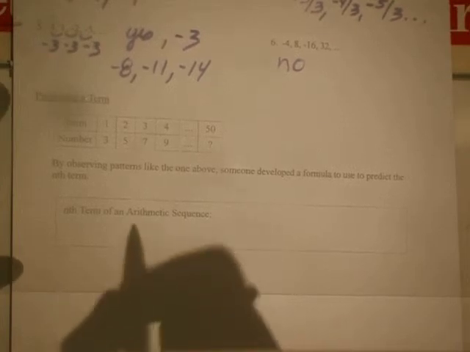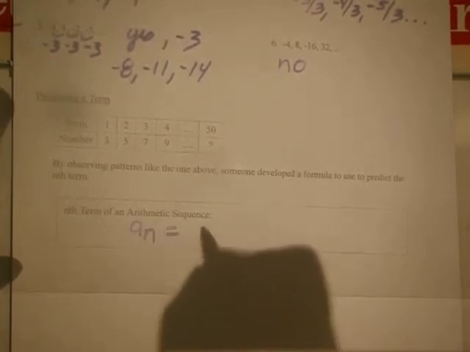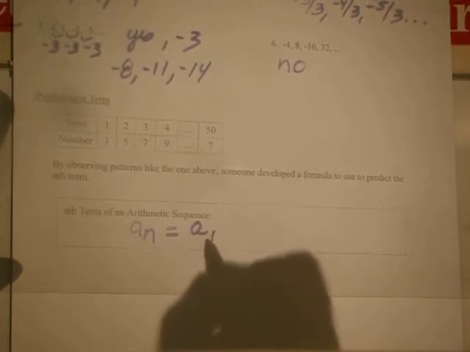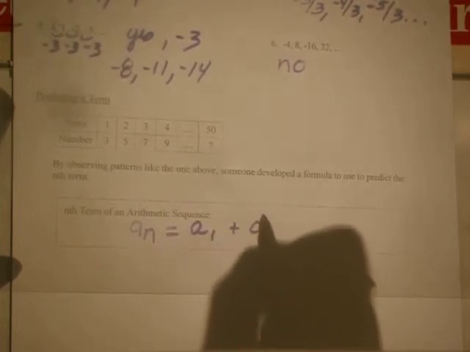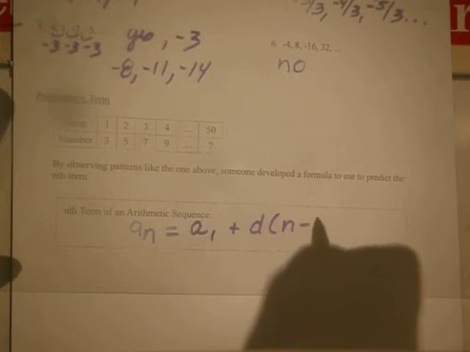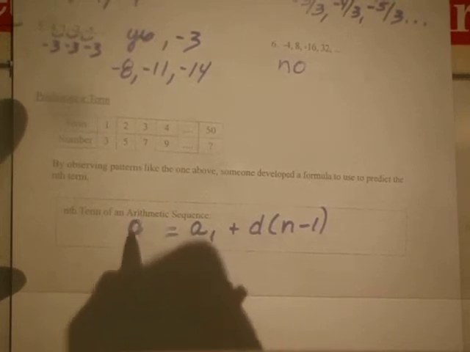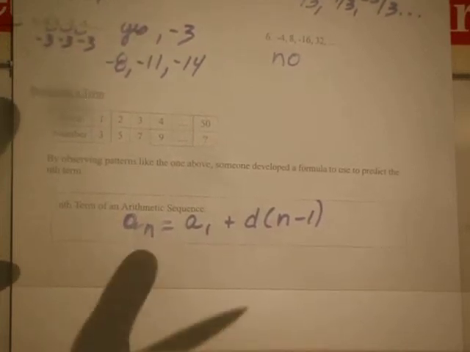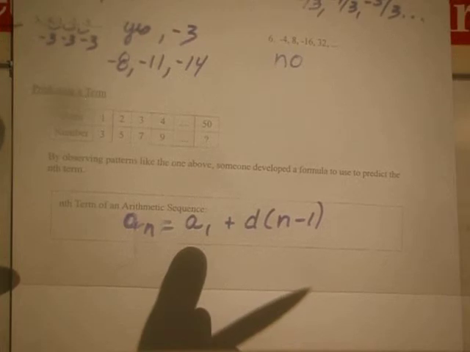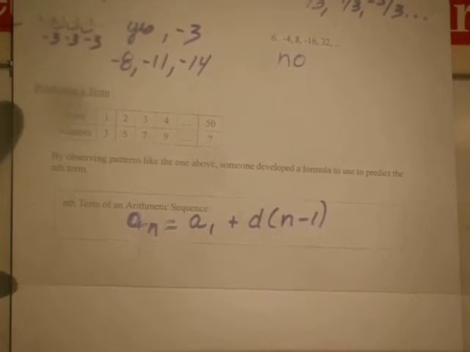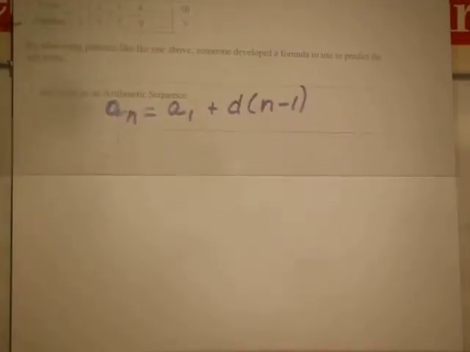That formula is a sub n equals a sub 1 plus d times n minus 1. And this is an a, not an I. What that means is a sub 1 is our first term, d is the difference, and n is the number term.